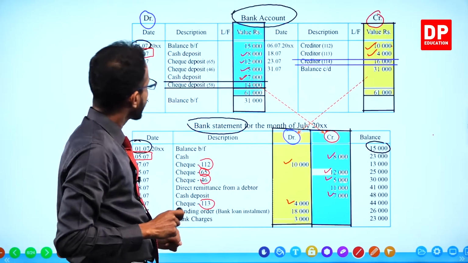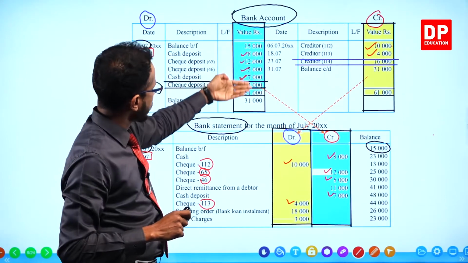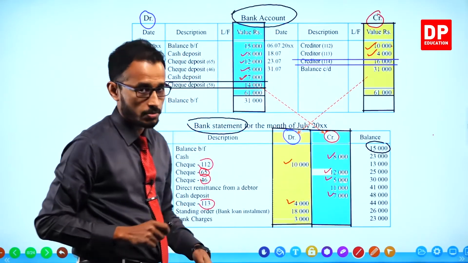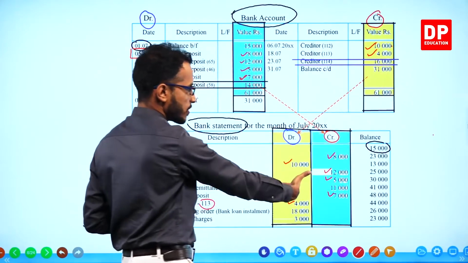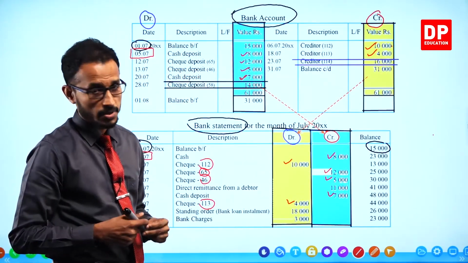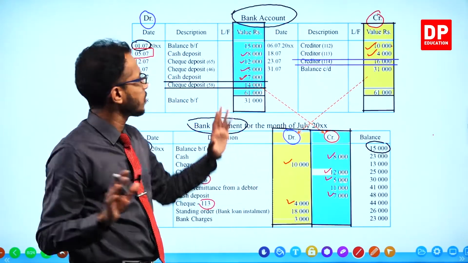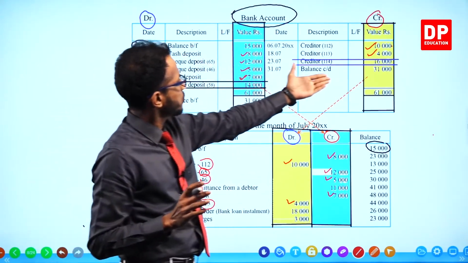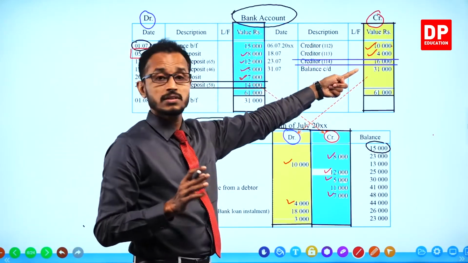Children, so you compare the debit side of the bank account with the credit side of the statement. Compare the credit side of the bank account with the debit side of the statement. Is it done? Are there any other items missing? Well, we ticked all the items in the bank account.